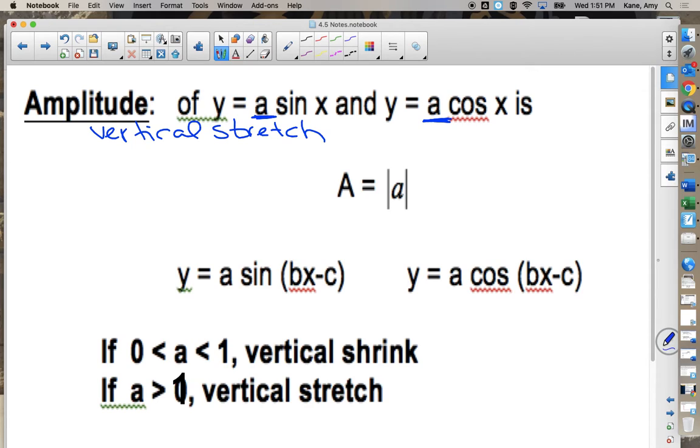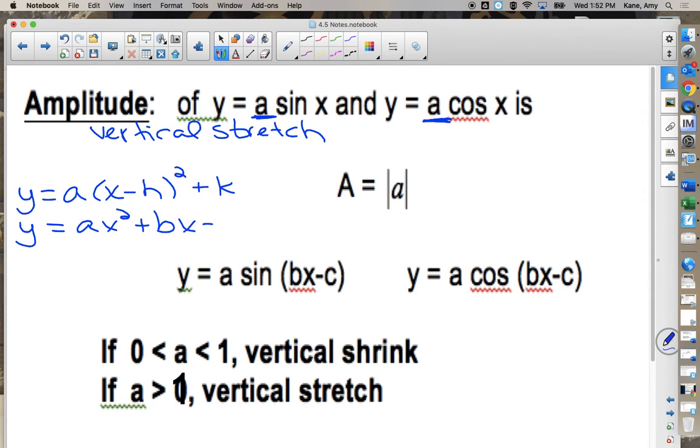Does anybody remember the standard form of a parabola? What was the standard form of a parabola? A, and then in parentheses, x minus h, and then squared plus k. Or, what was the other form we used? What do they both have in them? X squared.